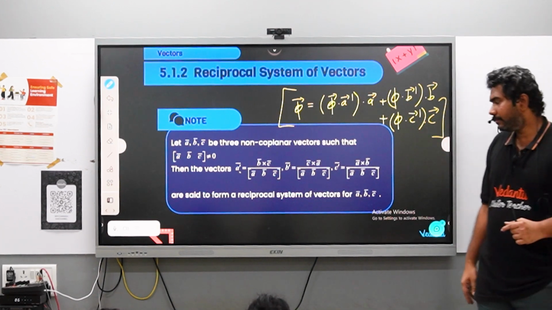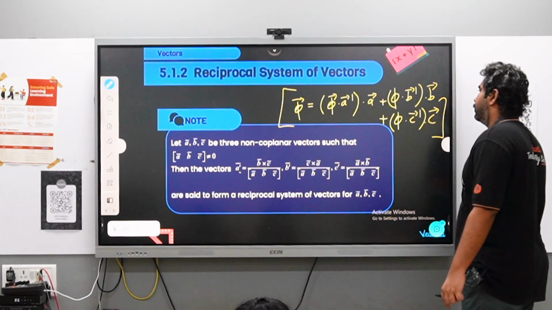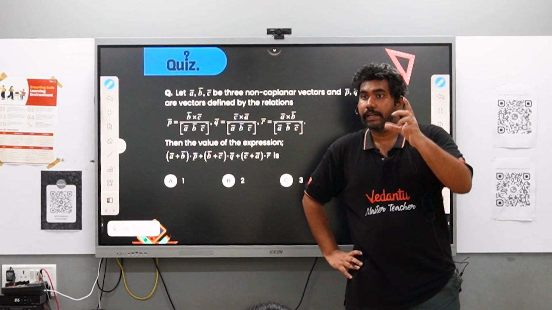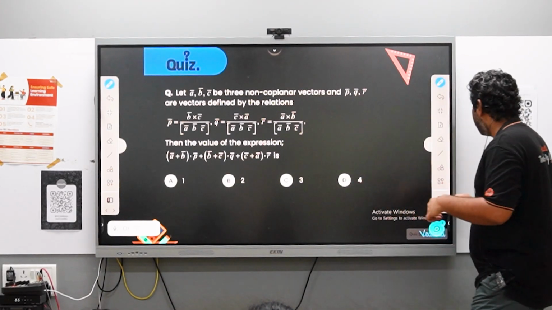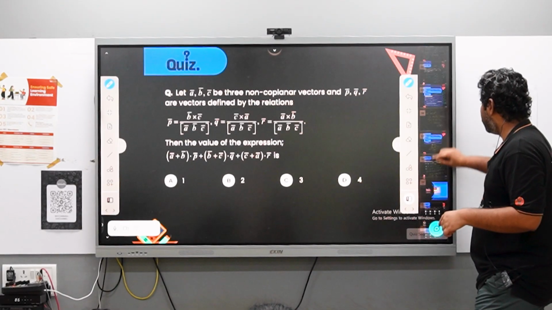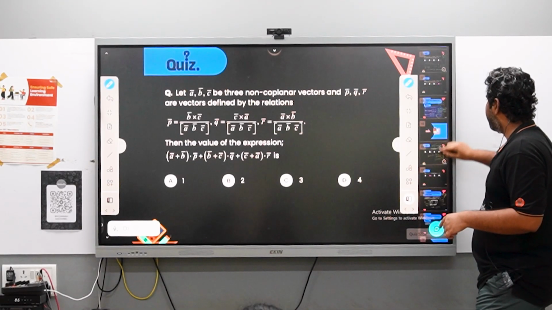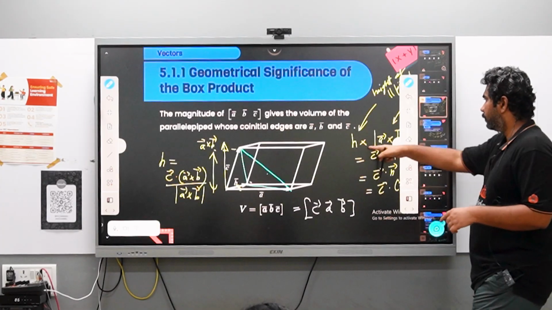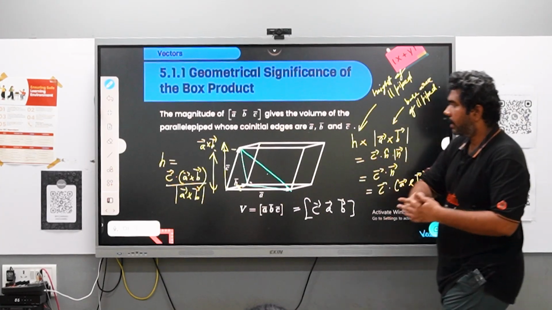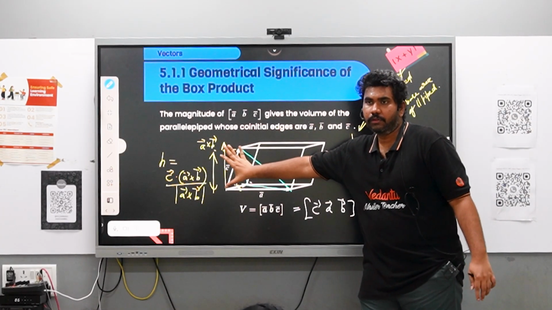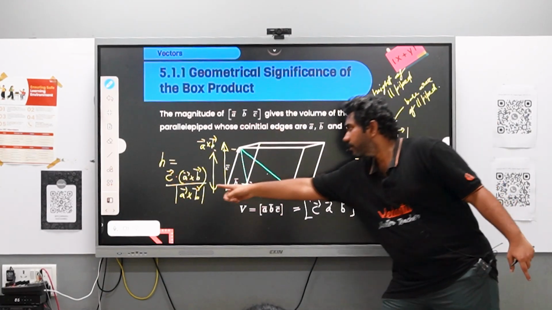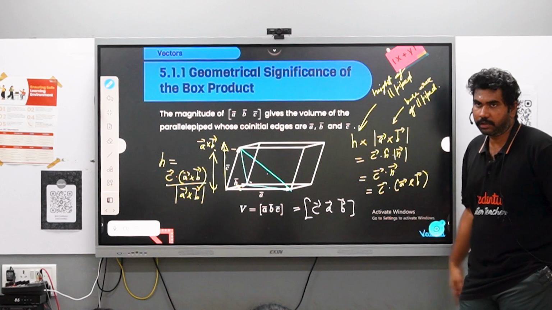That was the height into base area. So this denominator will get cancelled and you will get the box product.